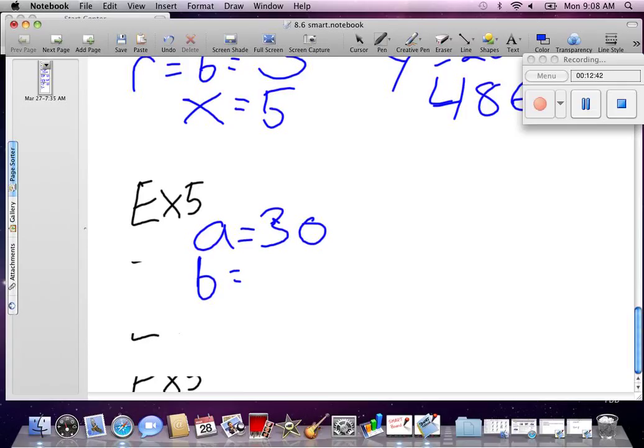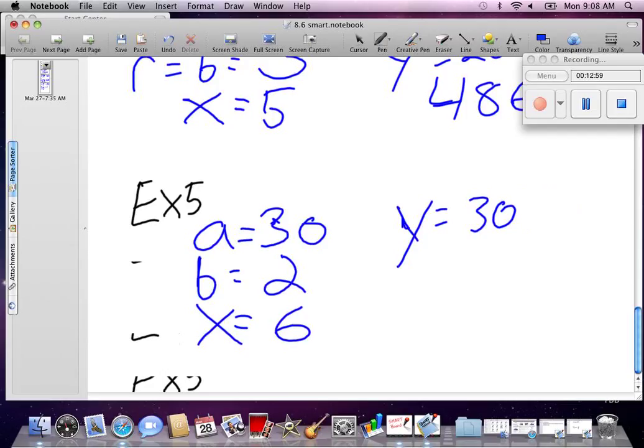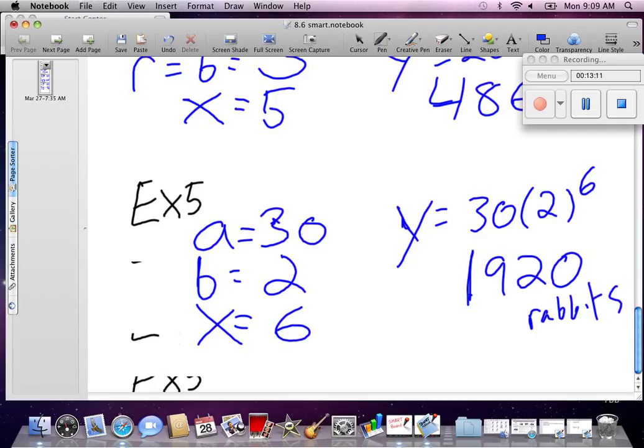Okay, Kate, what is my rate? 2, so it doubles, good. And Safaria, what is my time? For example 6, 6 years. So I get y equals 30 times 2 to the 6. 1,920 rabbits. That's a lot of rabbits.